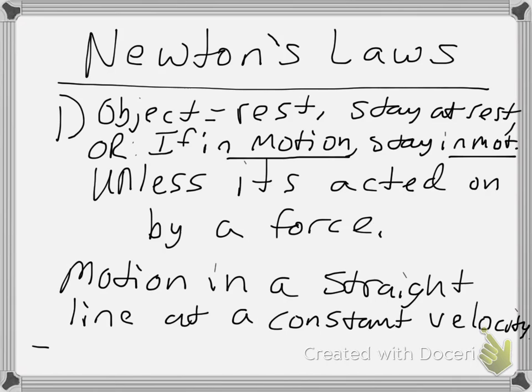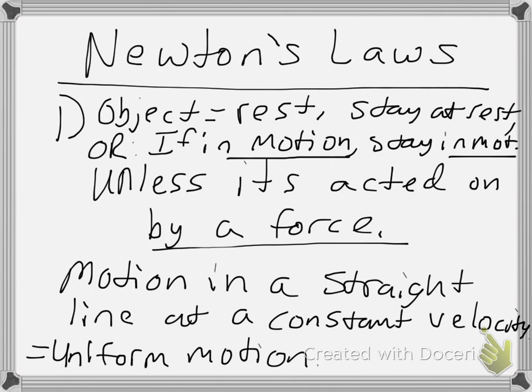This is sometimes called uniform motion. So another way of stating the first law is that an object at rest will stay at rest, or if an object is in uniform motion, it'll stay in uniform motion unless it's acted on by a force, unless it's acted on by a push or a pull.